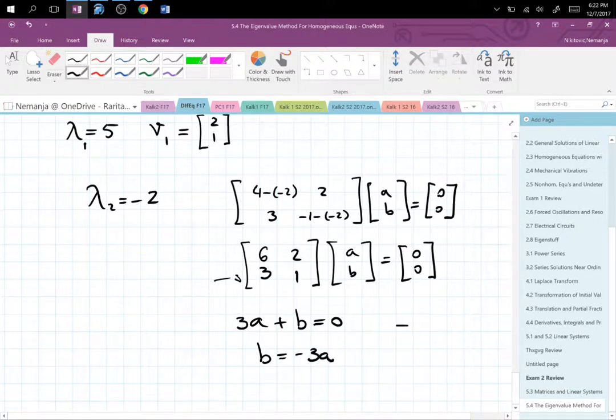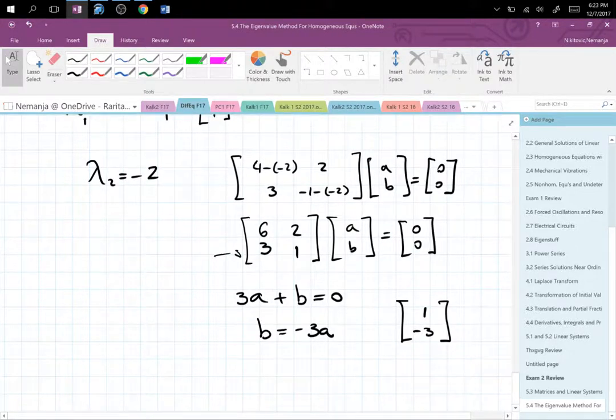So if I pick 1 for a, b is going to be negative 3. So I have my second eigenpair, which is lambda 2 equal to negative 2, and the associated eigenvector v2 is going to be 1, negative 3.